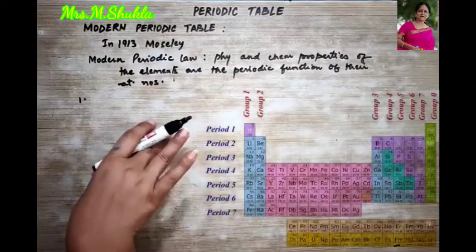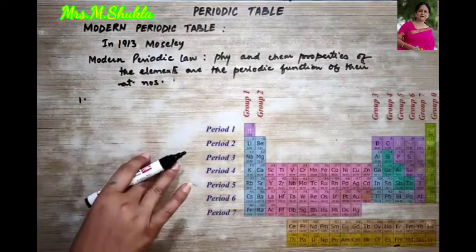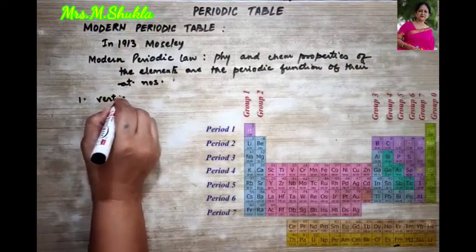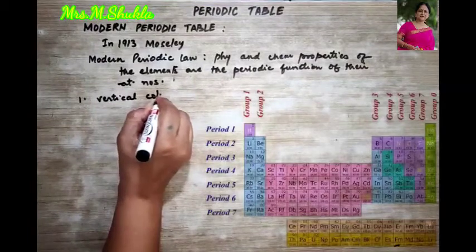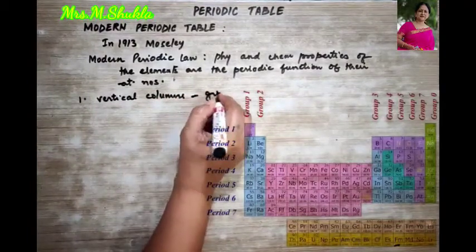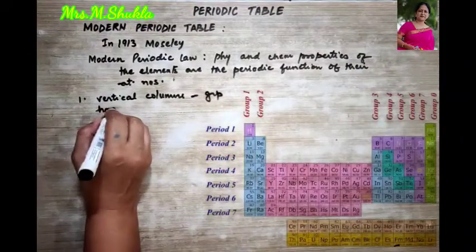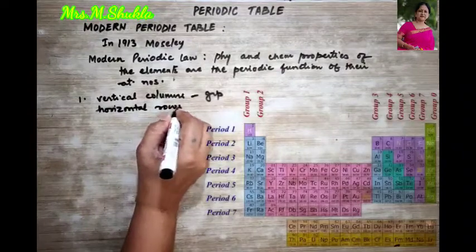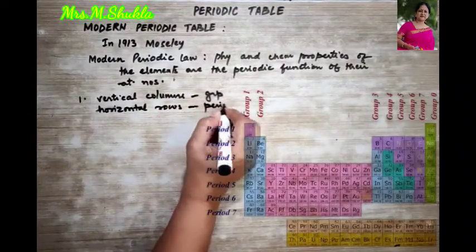In this table, the vertical columns are termed groups, and the horizontal rows are called periods.